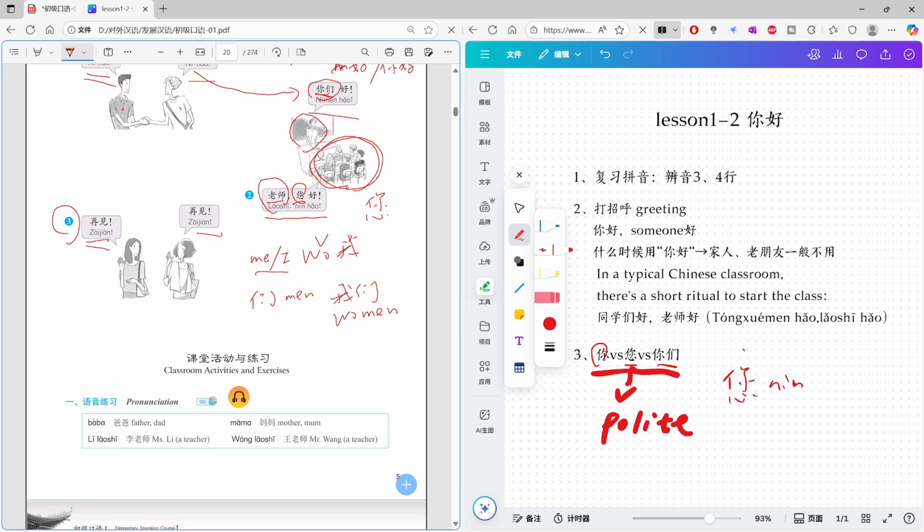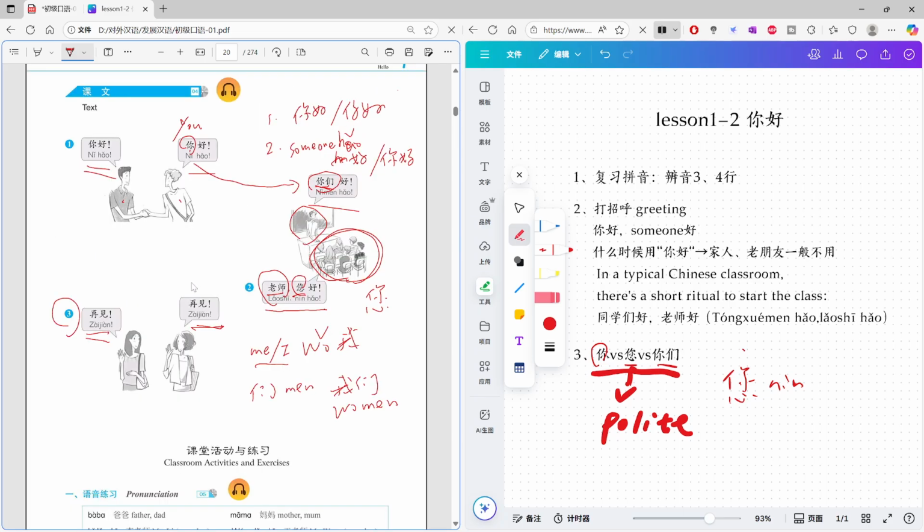OK 好的, 那第三个 再见 is goodbye, and the answer is yes, same goodbye, 再见. Very very basic greetings. One thing you need to pay attention to is that not every situation, not everyone, we use 你好. Usually in our family or when you meet your old friends, your close friends, we don't use 你好 between close families or close friends.